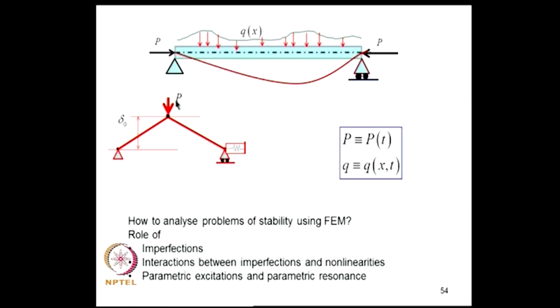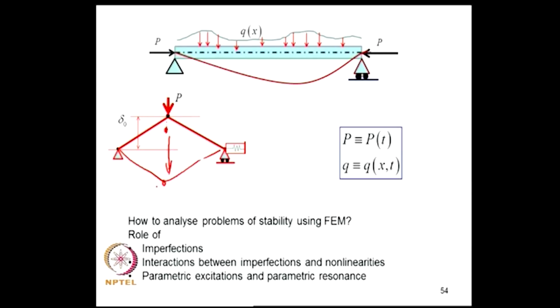As the load P increases, this point starts moving downwards, and for a certain critical value of P, after the structure displaces and reaches this point, it will snap. So, the equilibrium position in the neighborhood of this, somewhere here, is unstable because a small perturbation pushes the response to a far away equilibrium position. This phenomenon is known as snap through.